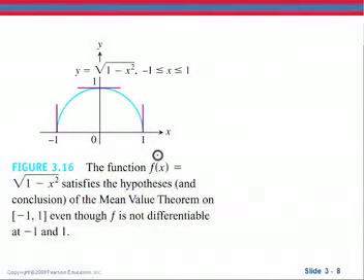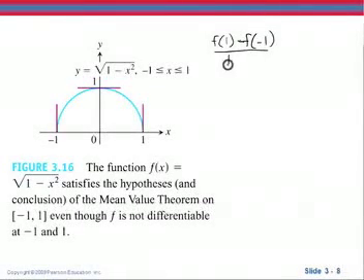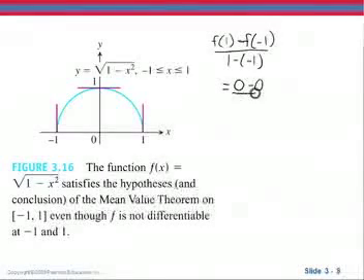Now, let's look at this example, and let's see how it satisfies this mean value theorem. It is continuous between -1 and 1, differentiable in between -1 and 1. So, if I take the points (-1, 0) and (1, 0), and I plug into that formula, f of 1 minus f of -1 over 1 minus -1, which is going to be, f of 1 is 0, f of -1 is 0.